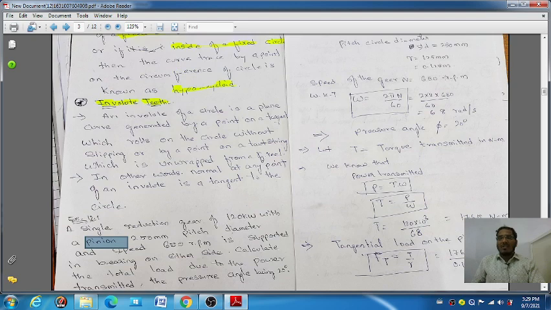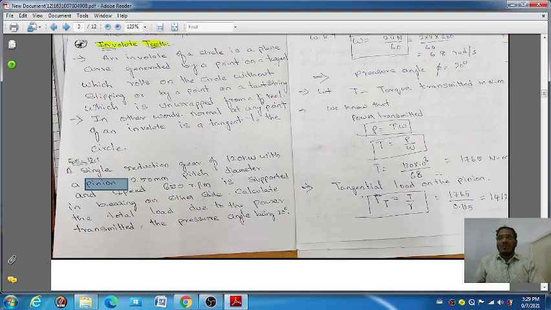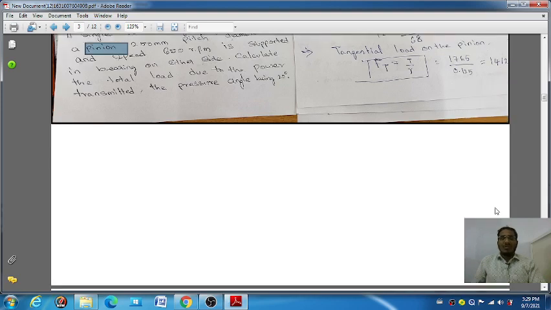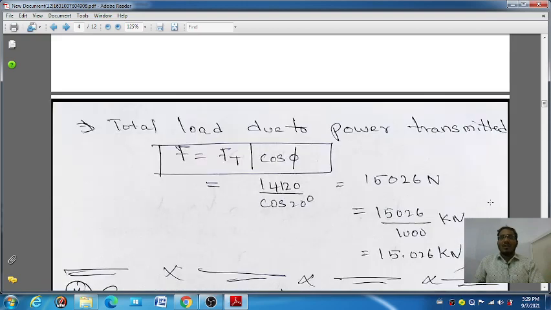Why are we taking this in terms of meter? Because the torque value is in terms of Newton meter. That's why we are taking the value in terms of meter. Just substitute the value in the calculator, then you will get Ft, the tangential force on the pinion, is equal to 1412 Newton.